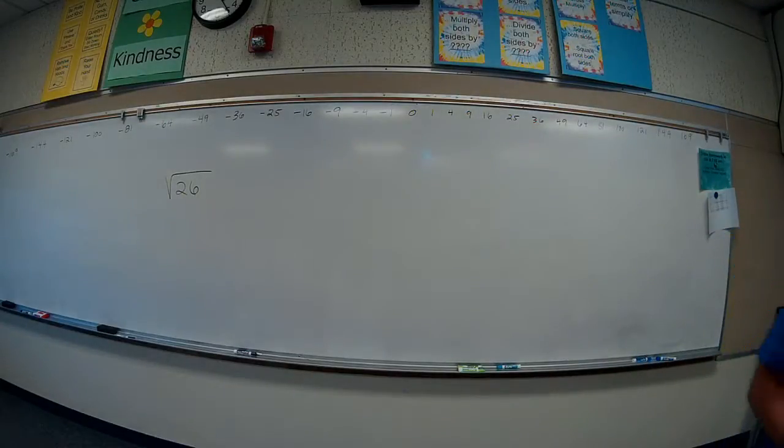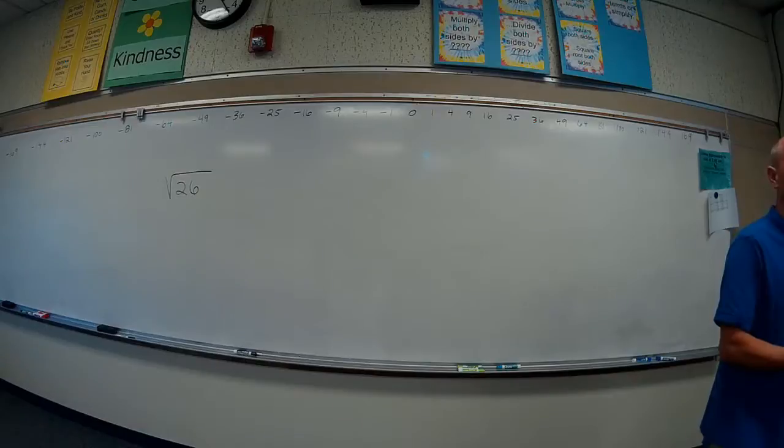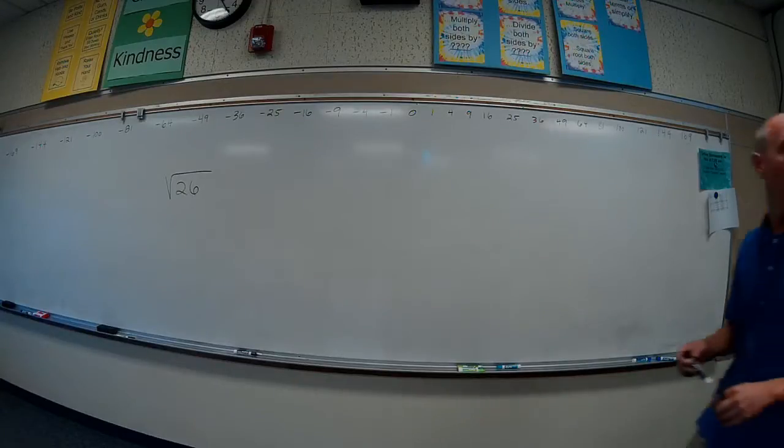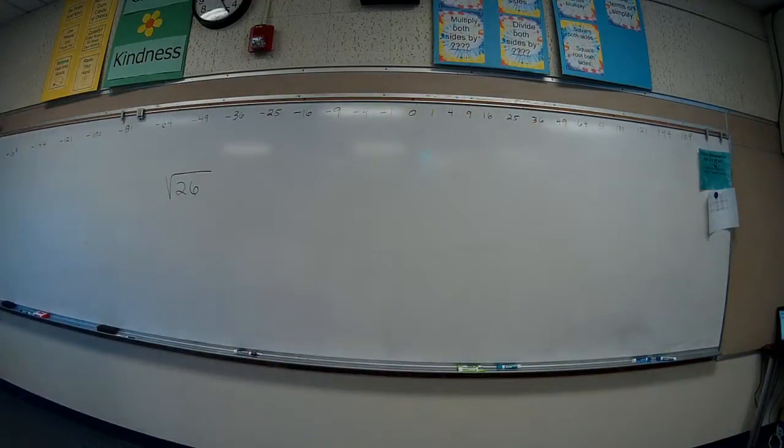Good, go estimate. Give me the whole neighborhood. Perfect, go estimate it. Put that 26 in the middle. 25, 26, 36, go in order.